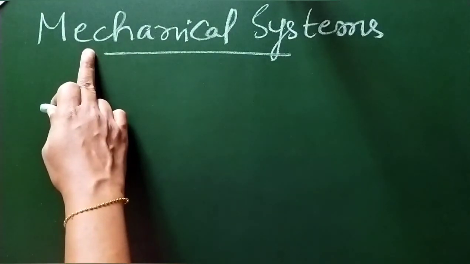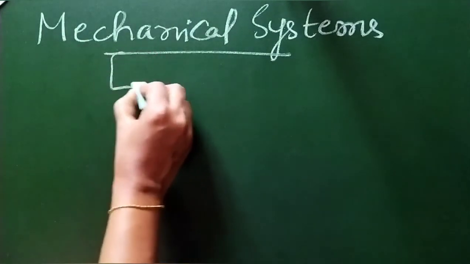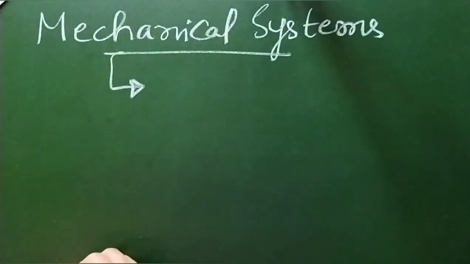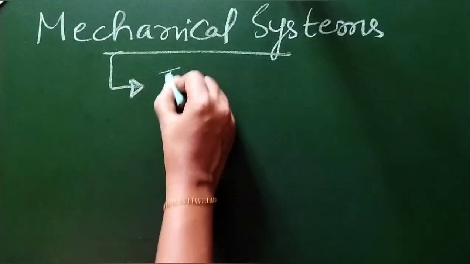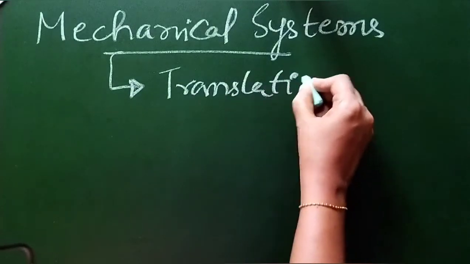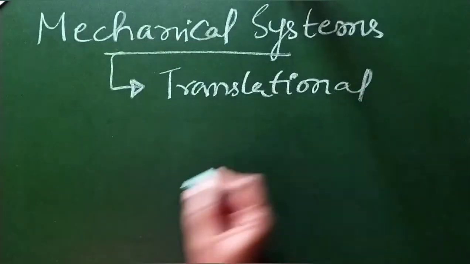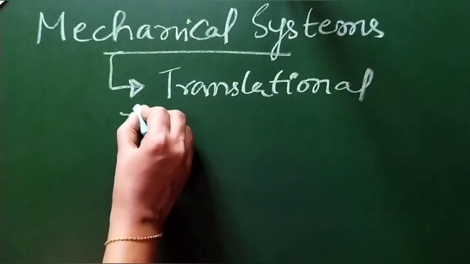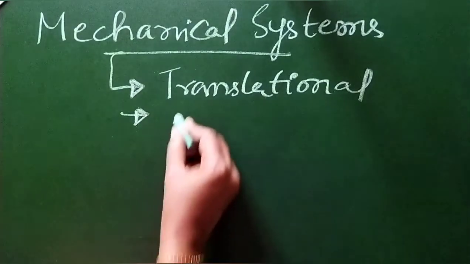In these mechanical systems, we do have two types. One is translational system, and the second one is rotational.